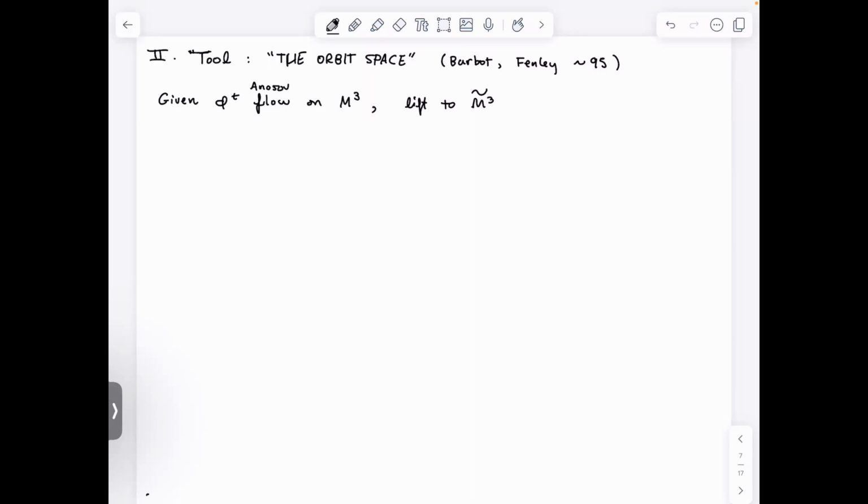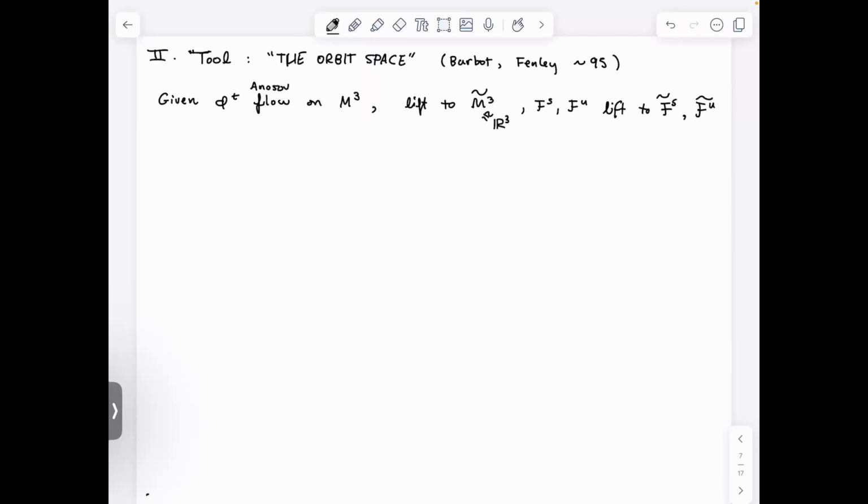Okay. And its invariant foliations will lift to invariant foliations, maybe I'll give them little tildes as well, on the universal cover. And as I mentioned in response to Andy's question, my three manifold is aspherical, so this is really just R3.